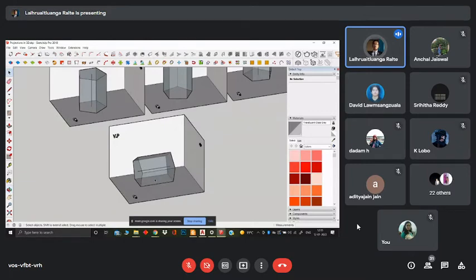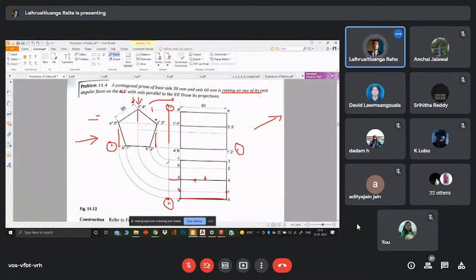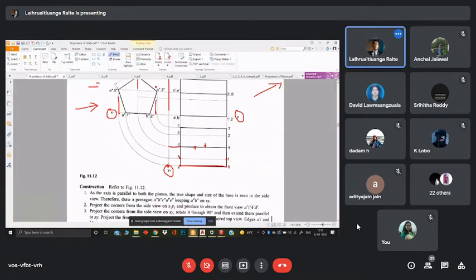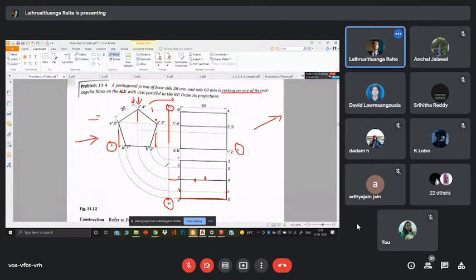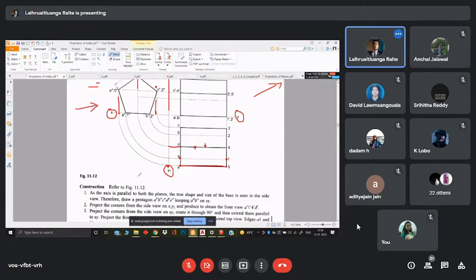In the vertical part, our XY line will go on like this. All right. So any question? Nope. All right, then I can proceed.